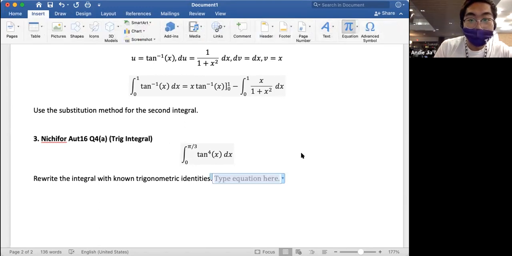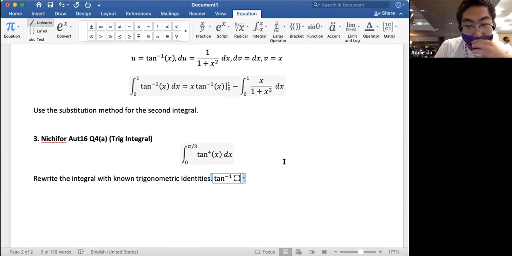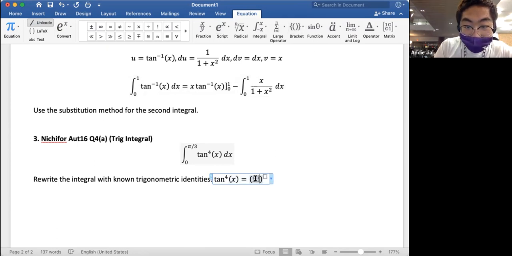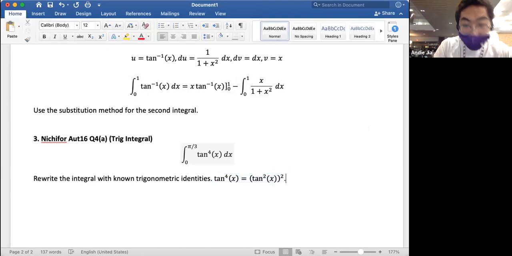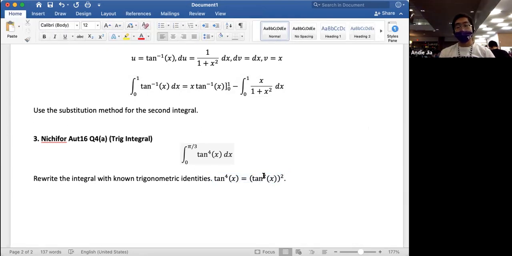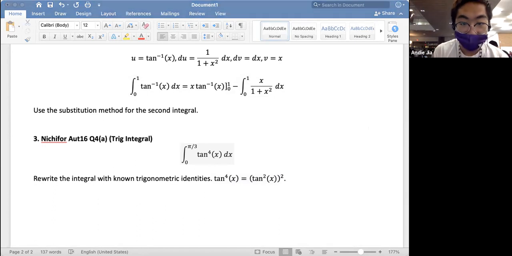So, tangent to the power of 4 of x. The first thing is to write this out and ask what a tangent squared is. Then this would be a lot easier.